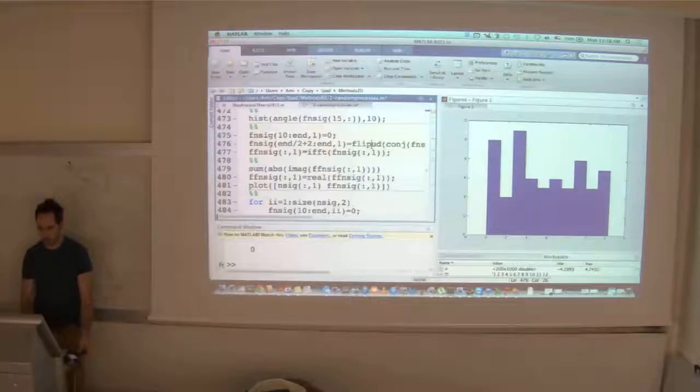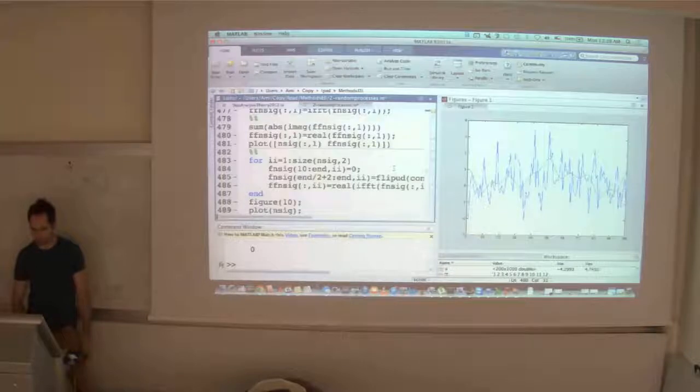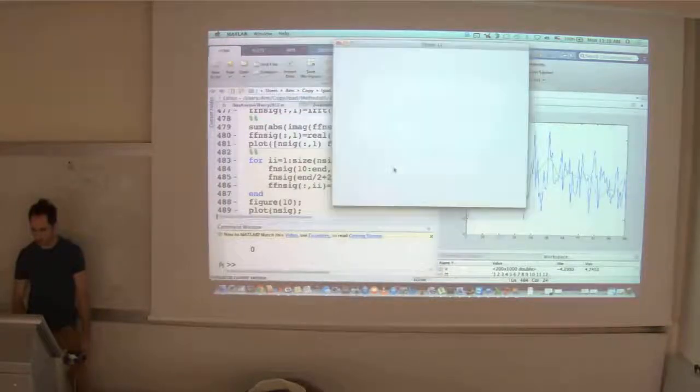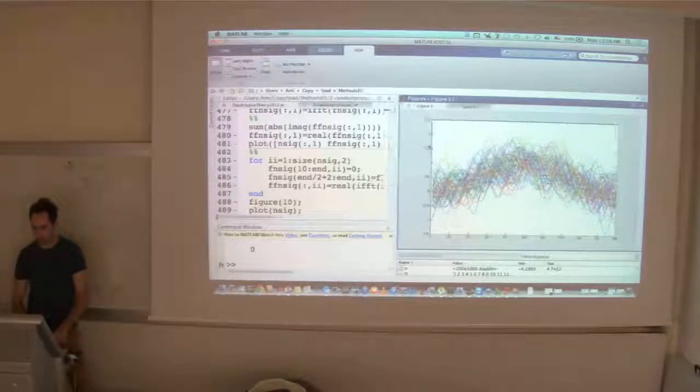Now, I just want to finish with an example where I zero all the other frequencies and see what happens. This is what happens on one sample when I zeroed all the frequencies above 10. This is what will happen if I do it to all of the samples.